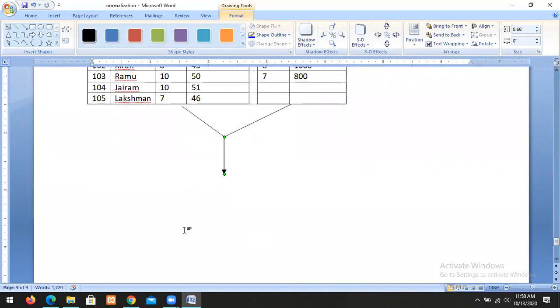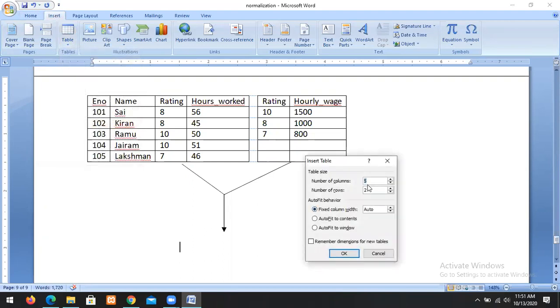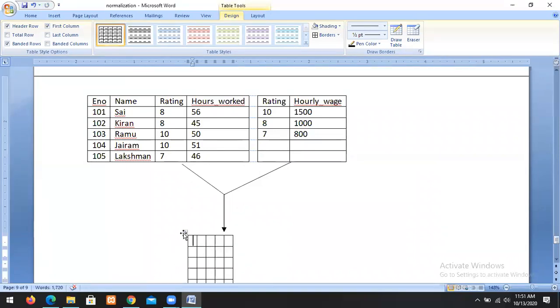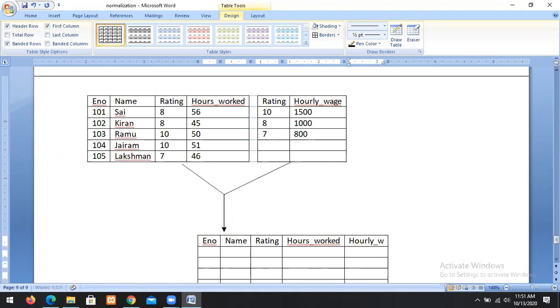So when you go for the resultant relation, the resultant relation has five columns and 6 rows: employee number, name, rating, hours worked, hourly wage.